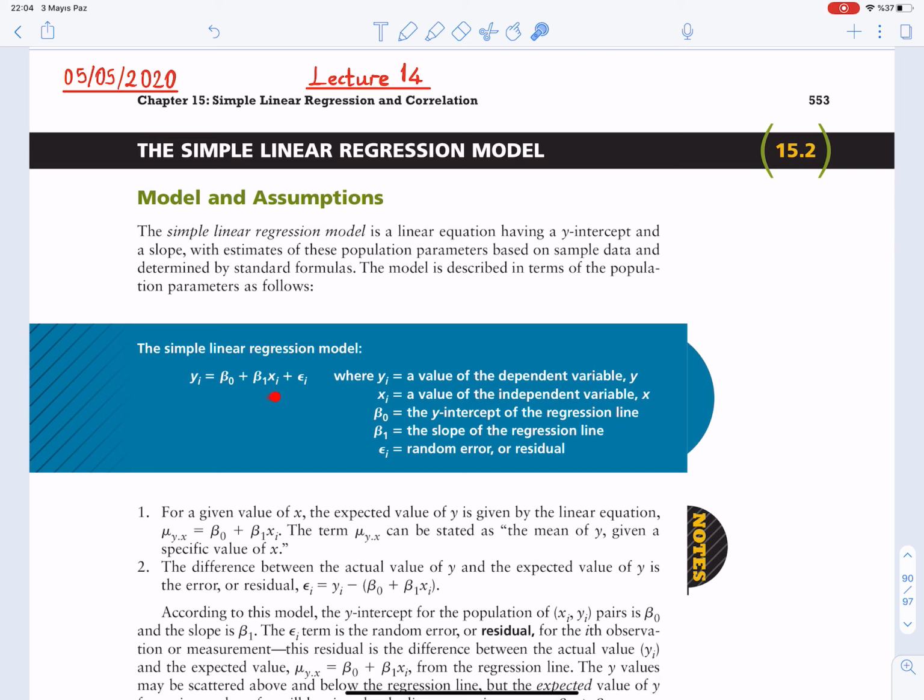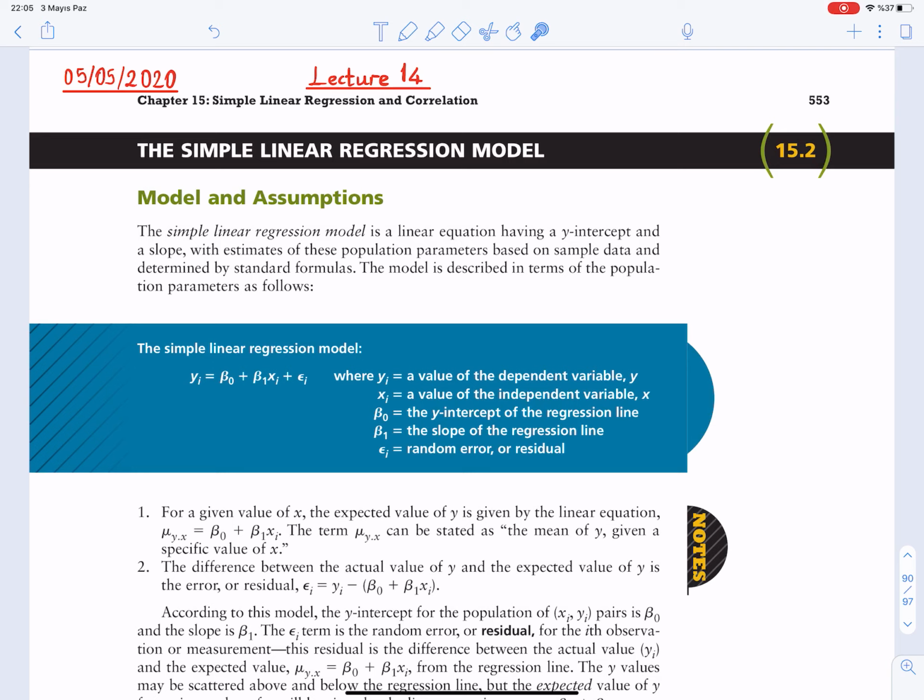This is in fact a functional relationship between the dependent yi and an independent xi, with no assumption on the x, and a strong assumption requiring the y to have a normal distribution. So yi is a value of the dependent variable, xi is a value of the independent variable x, and beta null is the intercept.